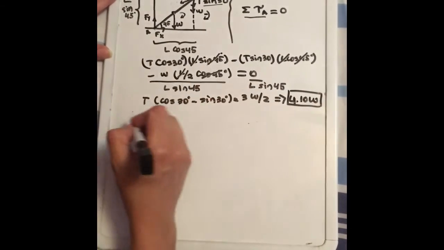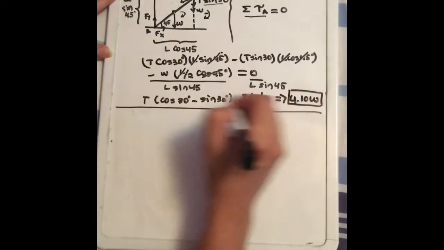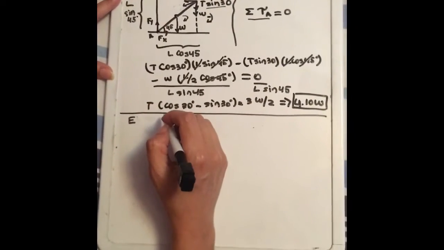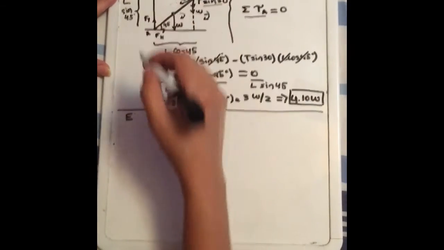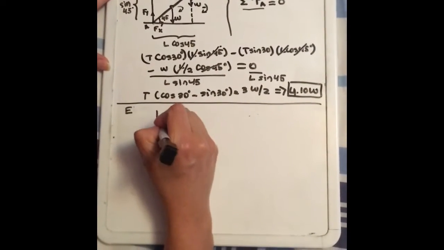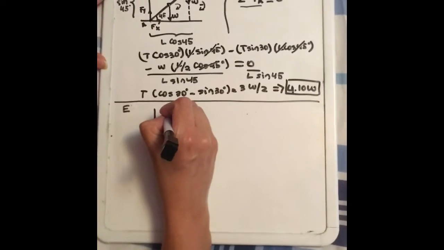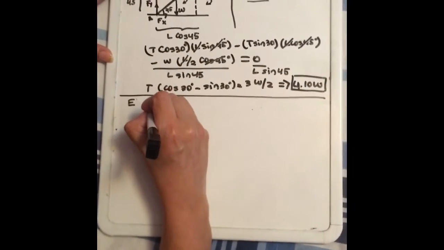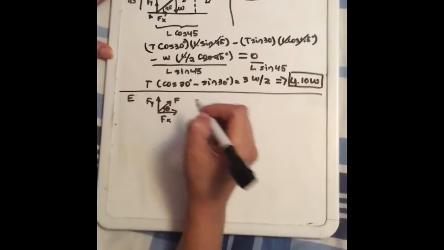That's part D. Then for part E, again, we need to find the magnitude of the force exerted by the strut, which has, again, the component f of x, component f of y, and direction.